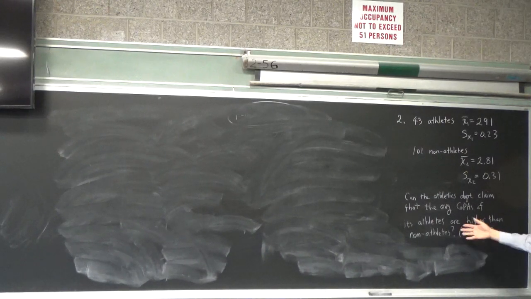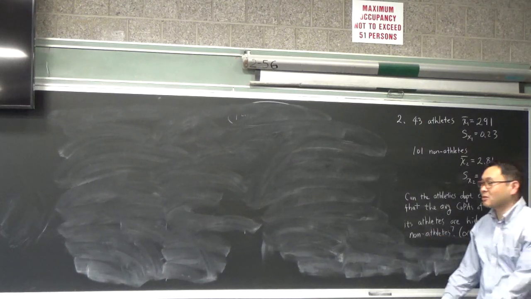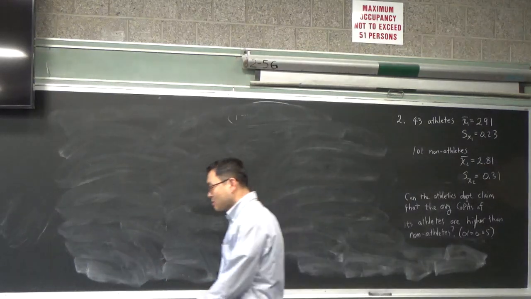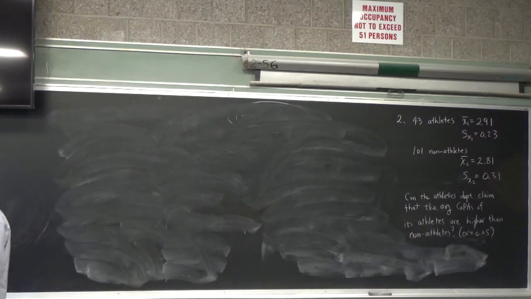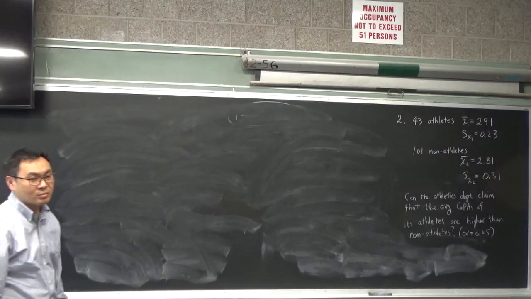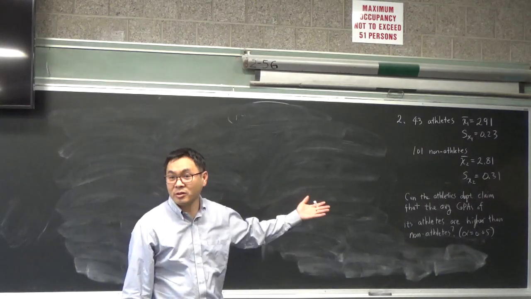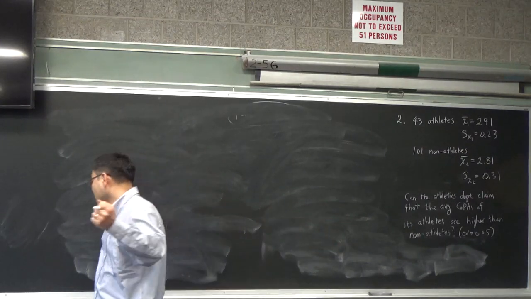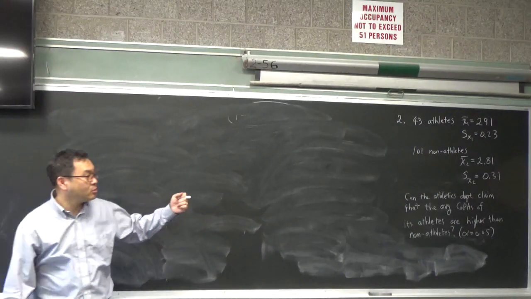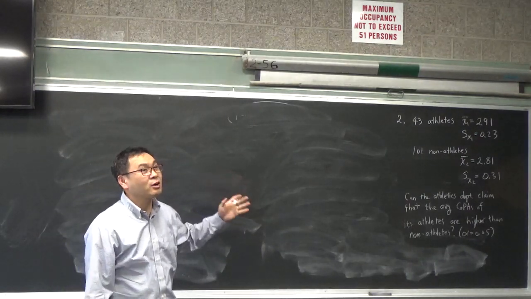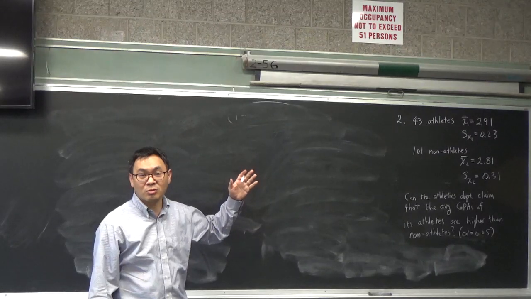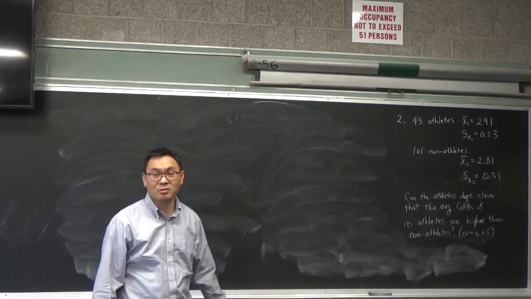look at this question. Can the athletic department claim that the average GPAs of its athletes are higher than that of non-athletes? Can you do that? What type of testing is this? It's two samples, right? So it's a large two-sample test. Okay?